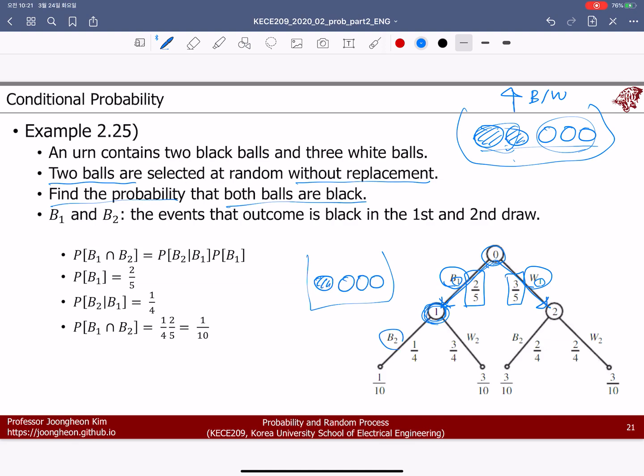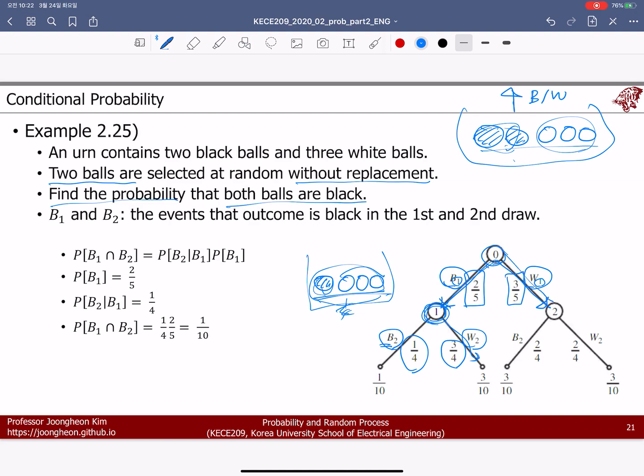For the second trial, if we take the black again, the probability will be 1 over 4 because we have only 1 black ball among the given 4. If we take the white in the second trial, we have 3 among the given 4, so we have 3 over 4 here.